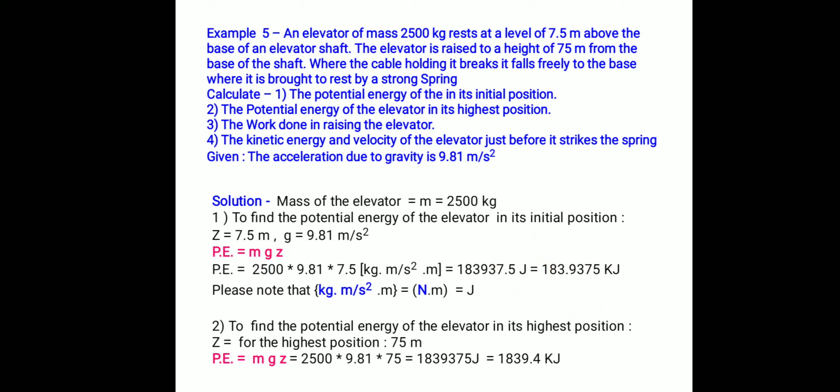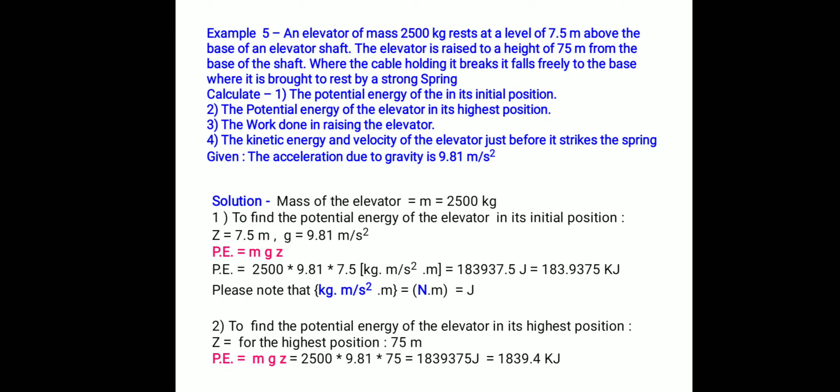The units of this potential energy are actually kg into meter per second square into meter. Please note that kg into meter per second square is nothing but Newton, and Newton into meter is nothing but joule. So whatever the answer for this potential energy is, it is in terms of joules.